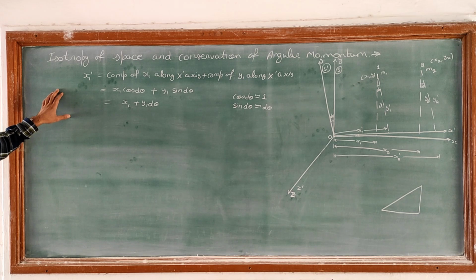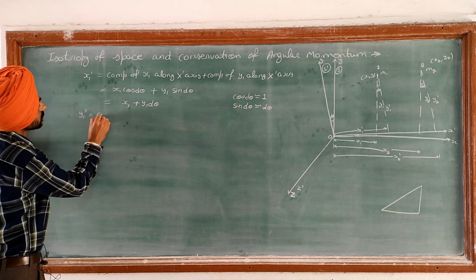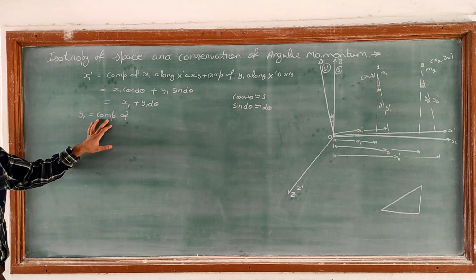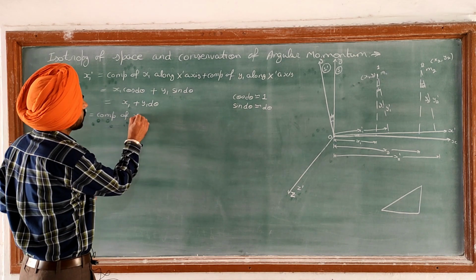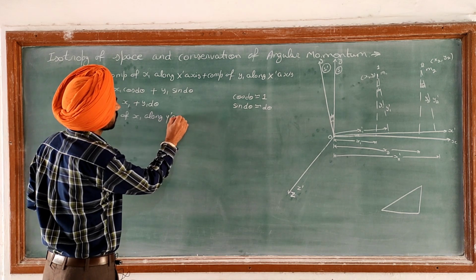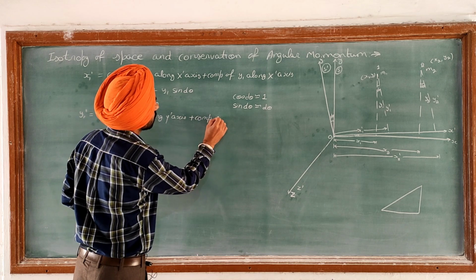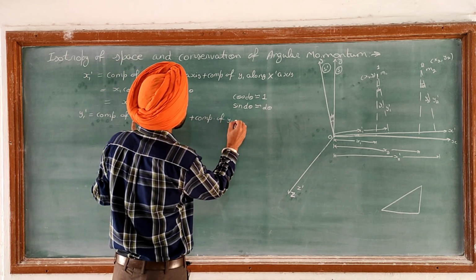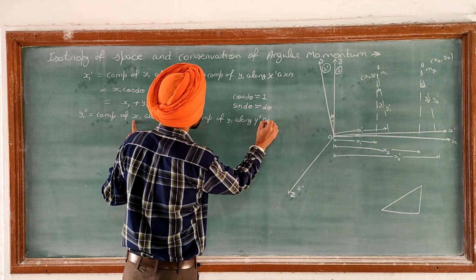Now we will find out y1 prime. y1 prime is the component of x1 along the y prime axis plus the component of y1 along the y prime axis.